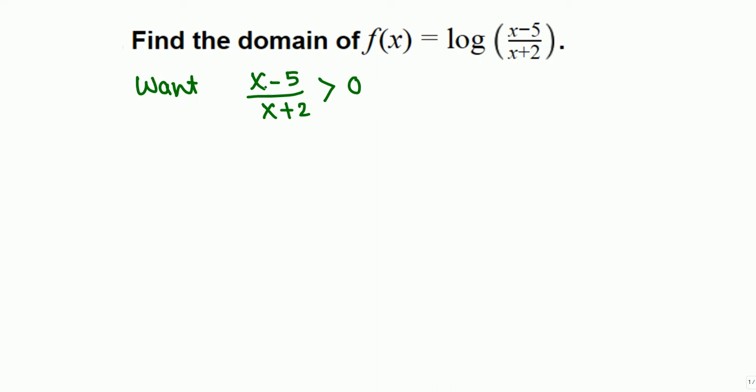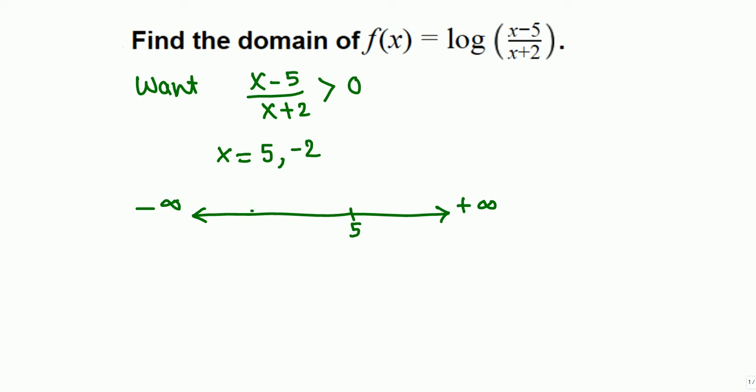To solve, we find the zeros of the top and the zeros of the bottom. So x = 5 makes the top 0 and x = -2 makes the bottom 0, and we locate them on the number line, negative infinity through positive infinity: 5 and -2.